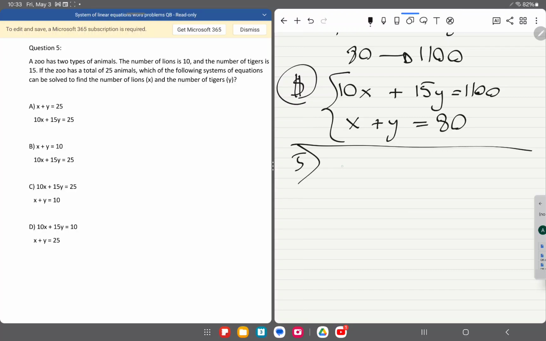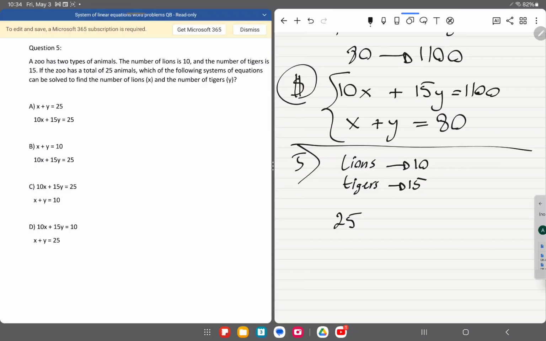The number of lions is 10 and the number of tigers is 15. If the zoo has a total of 25 animals, so they only have tigers and lions, which of them can be solved?